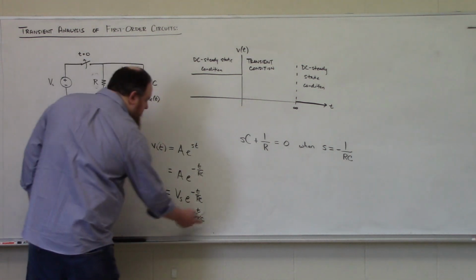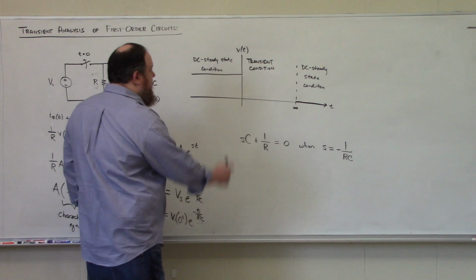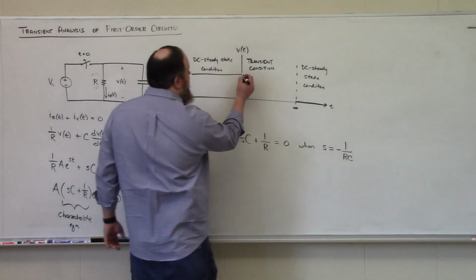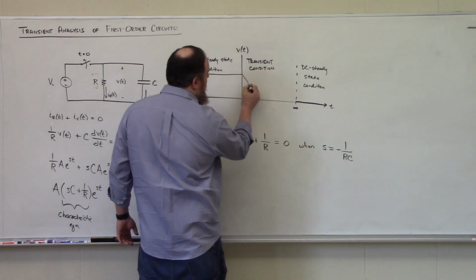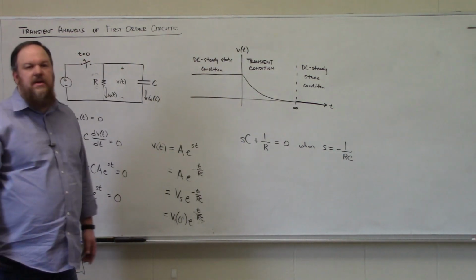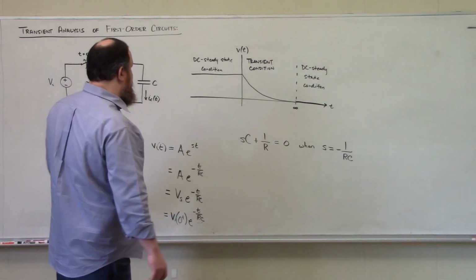So this is how our voltage is going to behave. It's going to start at some value, which in this case was Vs, and then it is going to decay exponentially over a long period of time until it settles to approximately 0 at t equal to infinity.